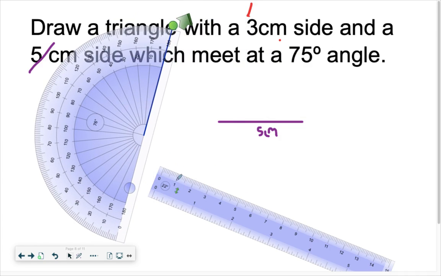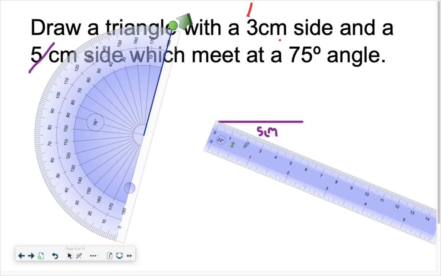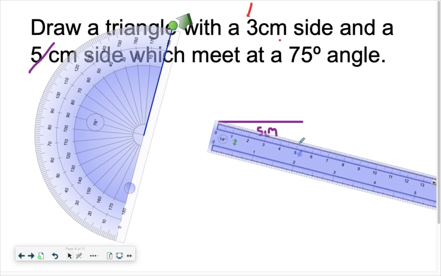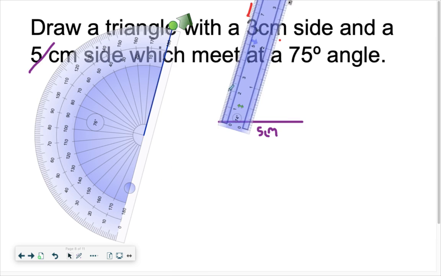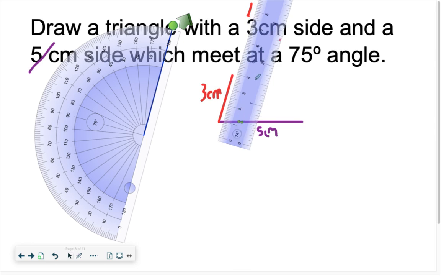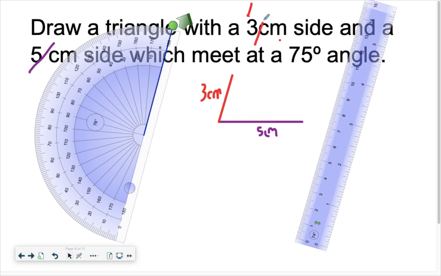Or if we have enough time, we can line this up again, and then move the ruler so it's lined up like this nicely. And now, because it says a 3 centimeter side, draw a 3 centimeter side. I'm going to label that. So we've got a 3 centimeter side, 5 centimeter side, meets at a 75-degree angle.